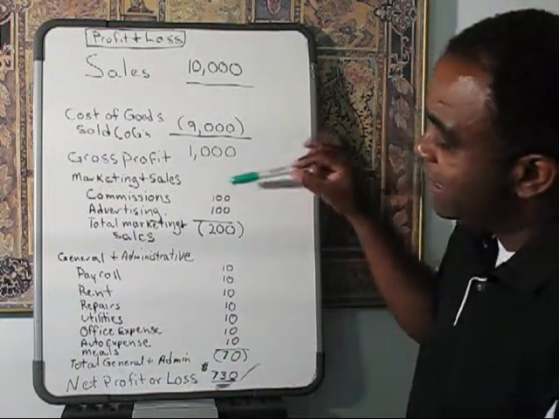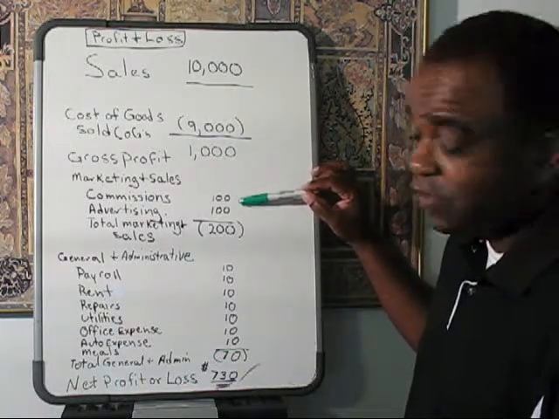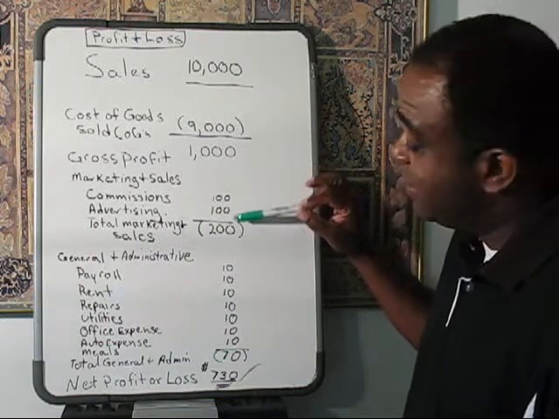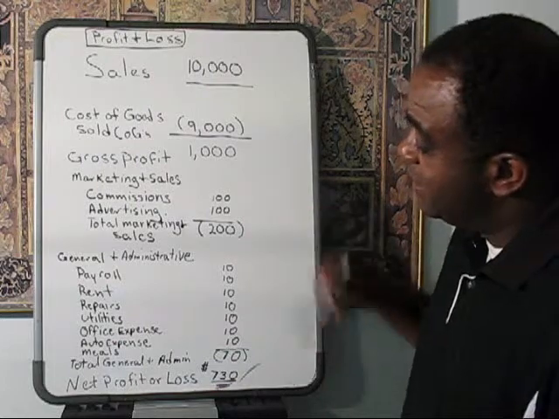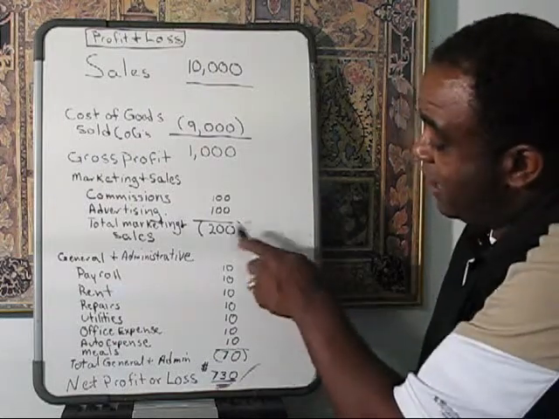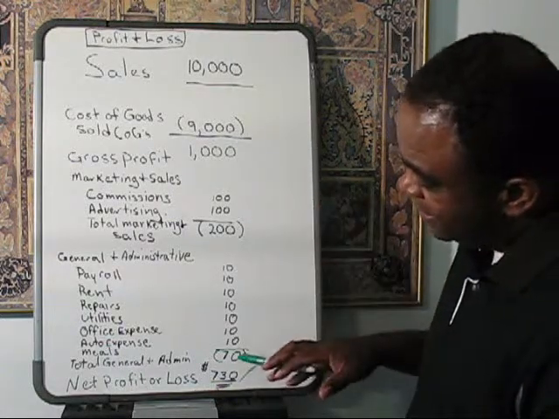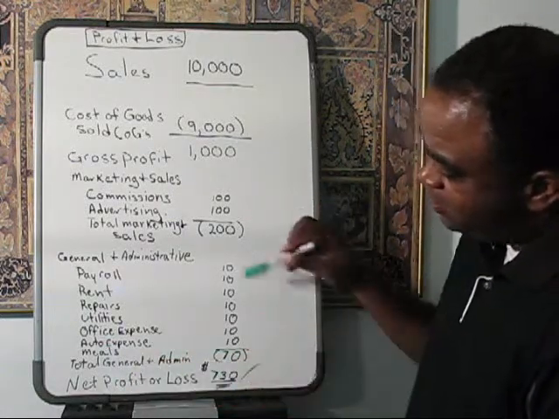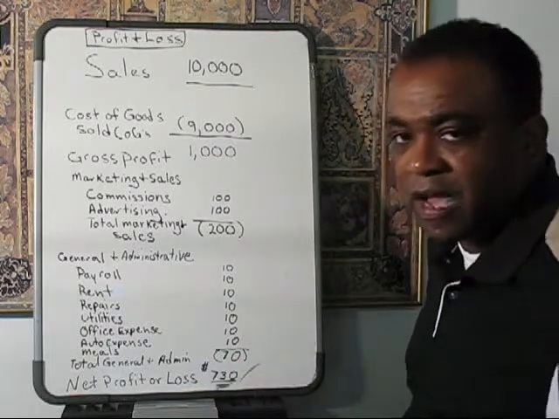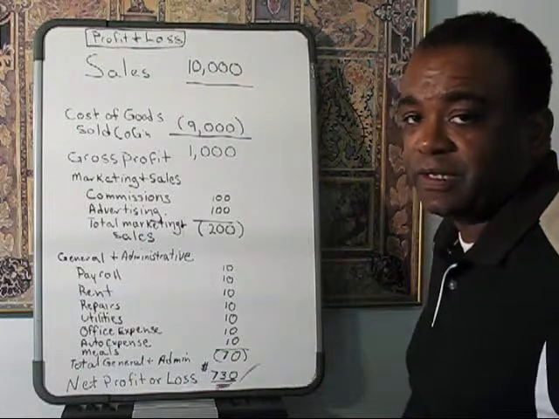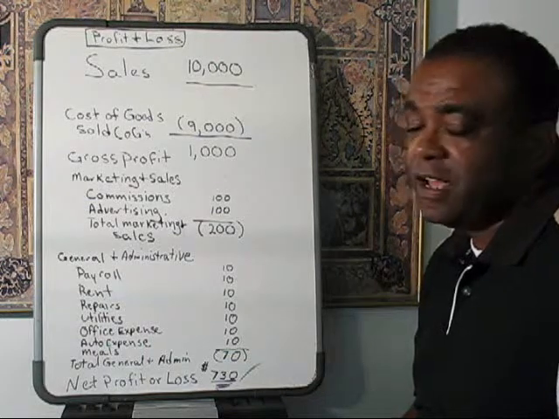And then marketing and sales, you could take off $100 for commissions that you paid, another $100 for advertising, and you remember that was the pay-per-click fees and things like that. That comes up to $200 that you will be deducting from the $1,000. And then you had the $70 based on general and administrative fees, for a total of $730 that you'd be able to put in your pocket for this particular operating period.